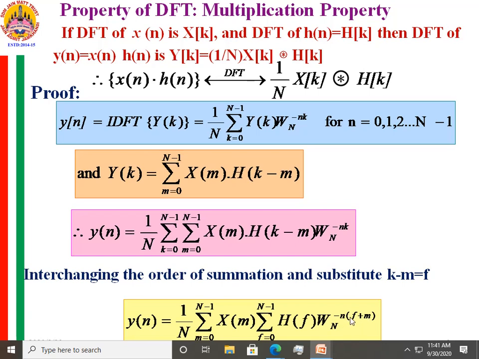Now when you split these twiddle factor terms, one term you will get as W raised to minus nf N and the second term as W raised to minus mn N. W raised to minus mn N is not a variable of f, so you take it outside the summation over f and rewrite the expression.